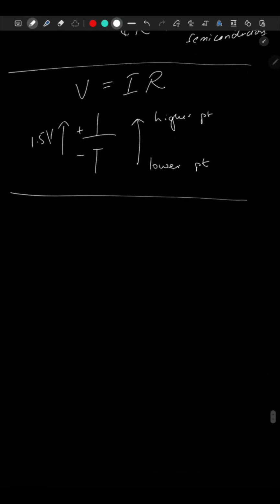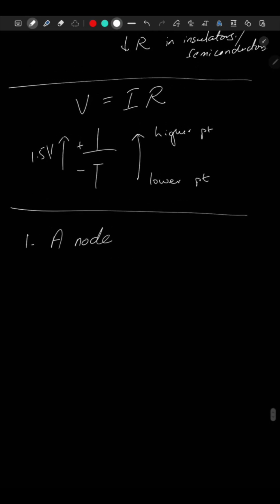In an electric circuit, we also define a node. A node is a junction where 2 or more circuit elements are connected. For example, I connect a bulb over here, and I connect a voltmeter here.